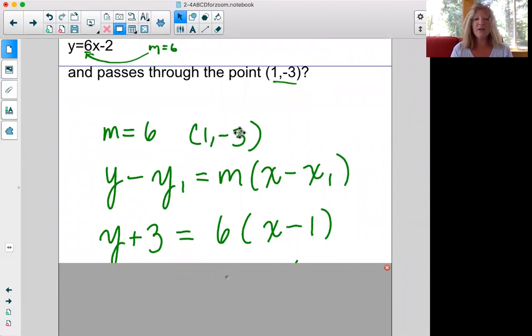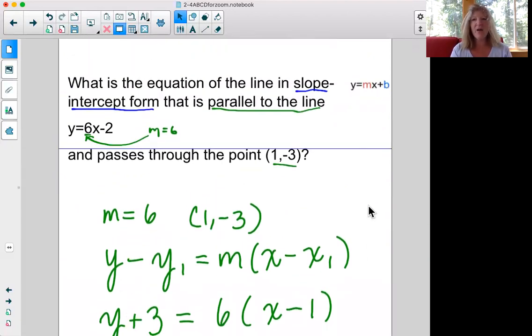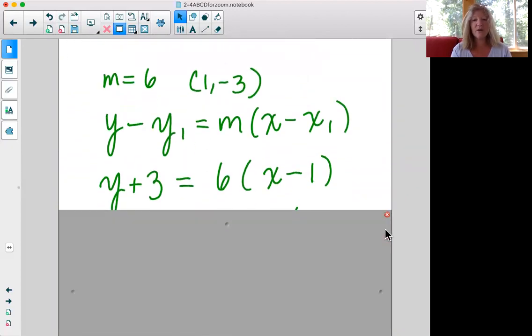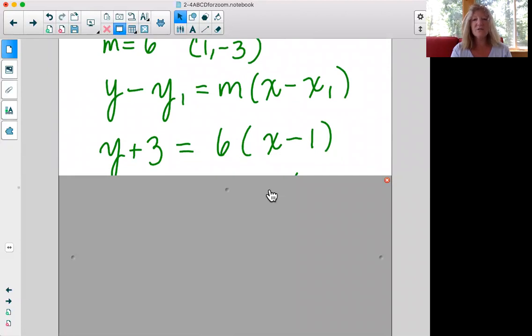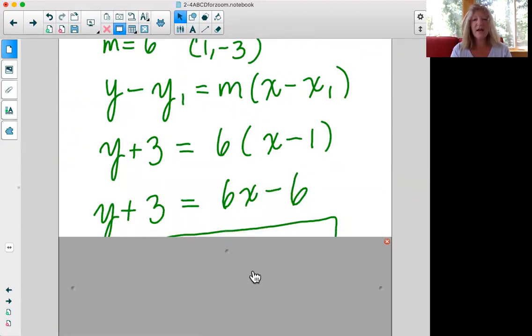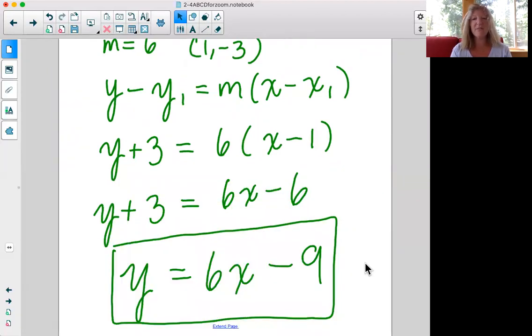My y value for the point is 3, minus a minus is plus, and my slope is 6. But be careful, I was asked to give my final answer in slope-intercept form, so I've got to get y alone. No worries, I can distribute the 6 and subtract the 3 to have my final answer.